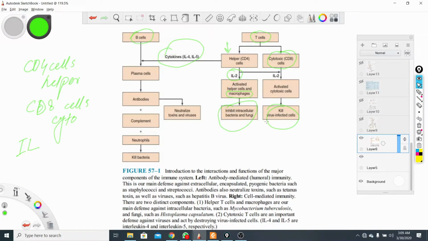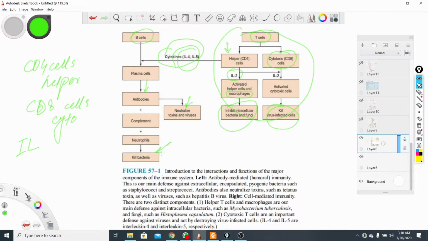After this, we can see that the cytokines IL-4 and IL-5 are very important in the production of plasma cells by the B cells, and these plasma cells in the long run produce antibodies, and these antibodies not only neutralize the toxins and viruses but also, with the complement and neutrophils, respond back towards the bacteria.